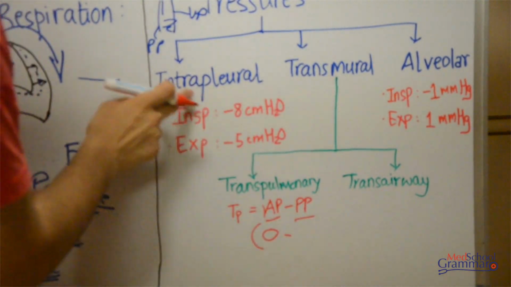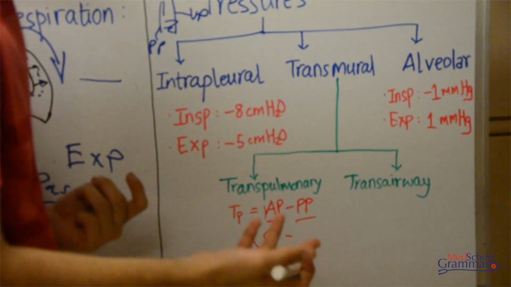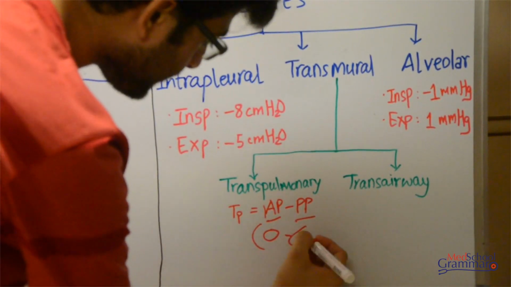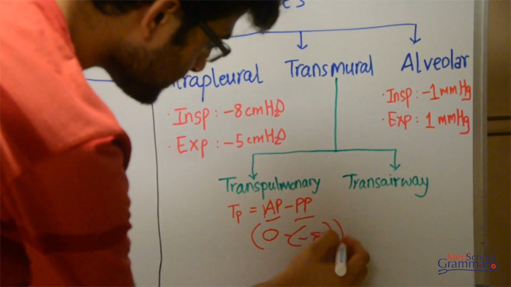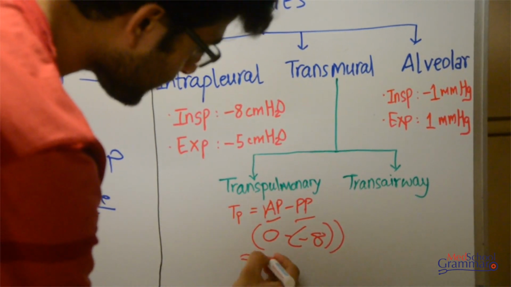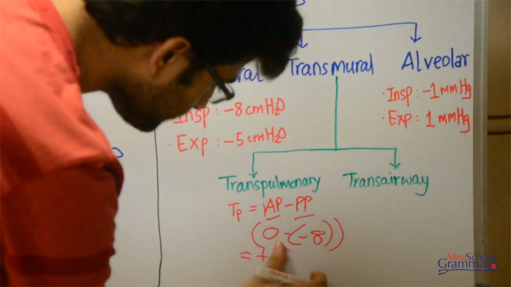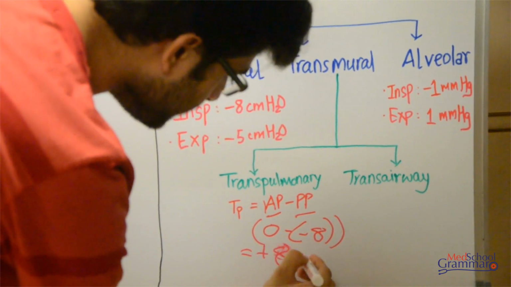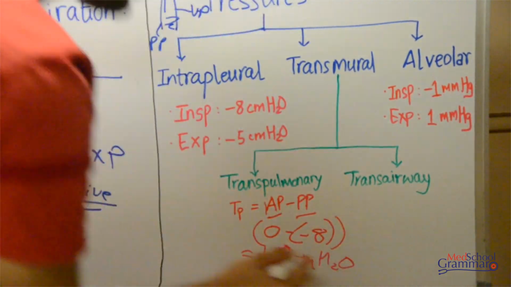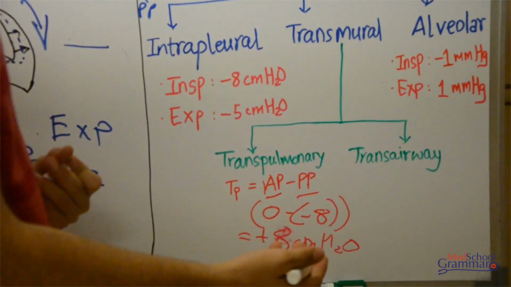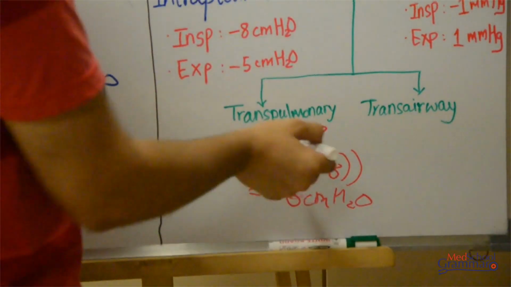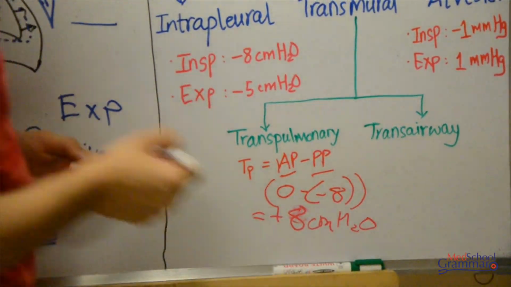And as we said, intrapleural pressure is always negative. So we add a negative sign, minus 8 during inspiration. So transpulmonary pressure becomes plus 8 centimeter H2O, and this is true in every case. So due to this, transpulmonary pressure is always positive.